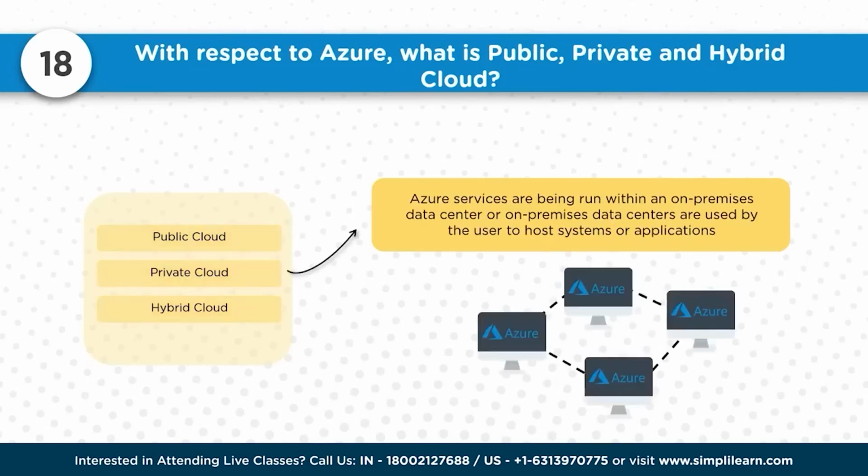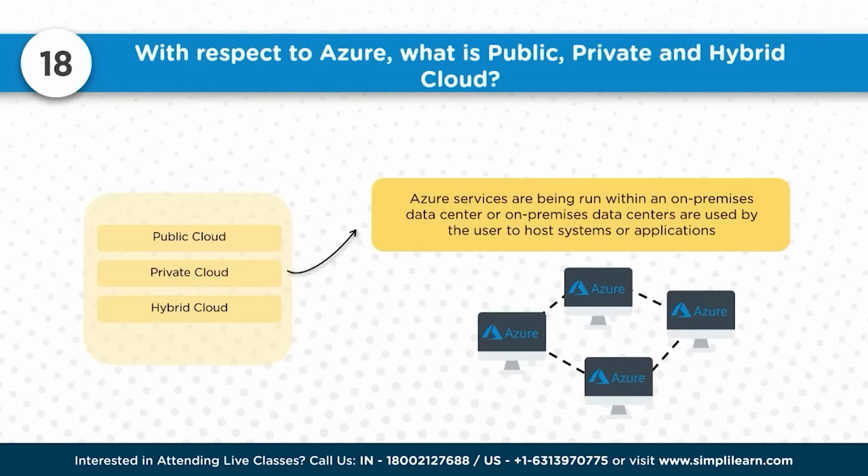Let's talk about private cloud. Private cloud consists of compute resources used exclusively by one business or one organization. This private cloud can be physically located at our organization's on-site data center, or it can be hosted by a third-party service provider.